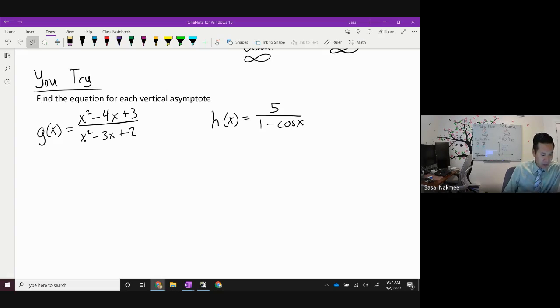The h of x function, though, that's a little tricky.